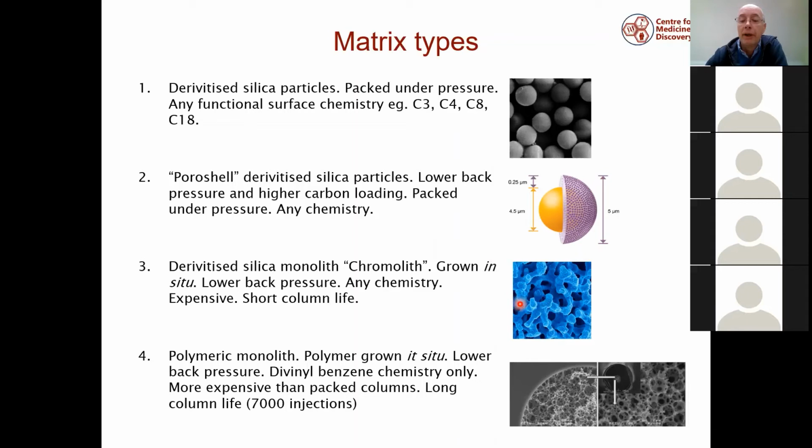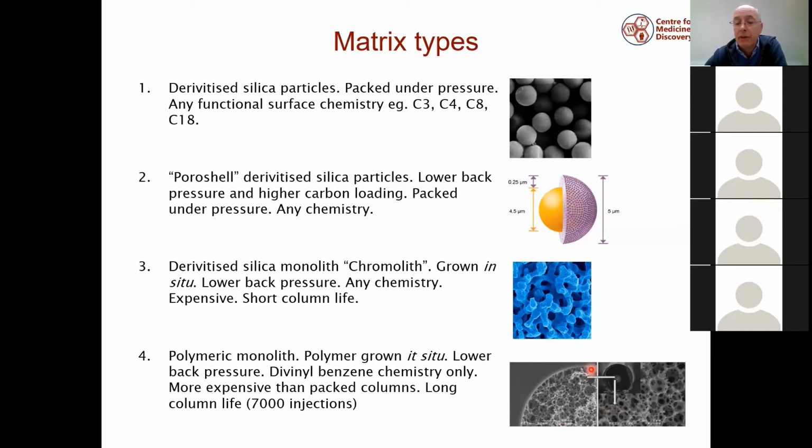This is an electron micrograph of a monolith column. It's sometimes called a chromolith. And this matrix is grown in situ in the column. You can apply any chemistry to this matrix because effectively it's silica, so it's similar to the other particle based columns. The problem with monolith columns is they tend to be a lot more expensive and they have a shorter column life, but they will give you a much faster separation, which can be very beneficial.